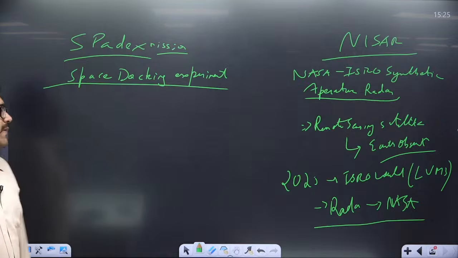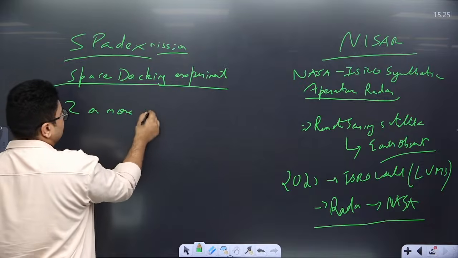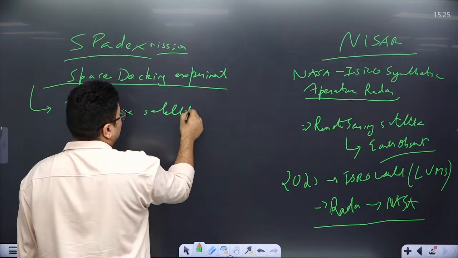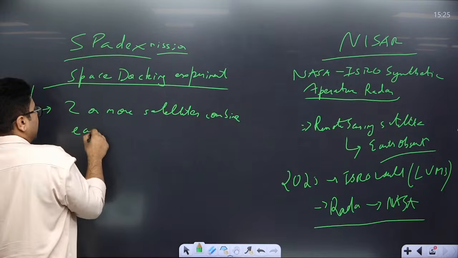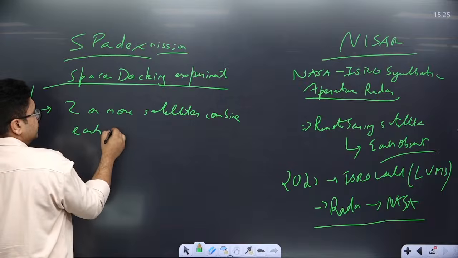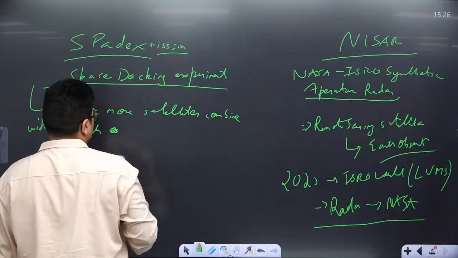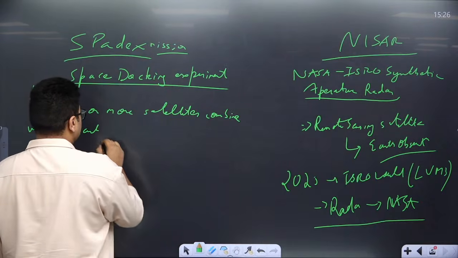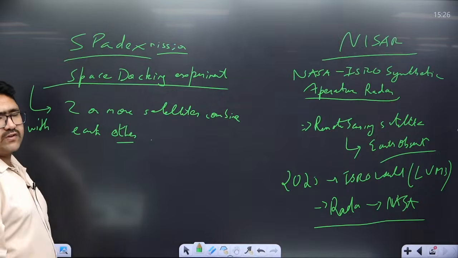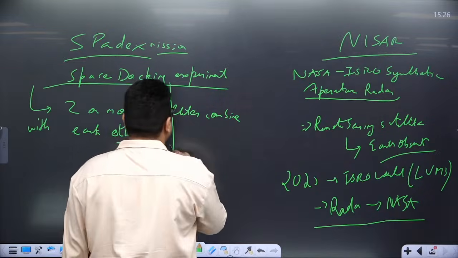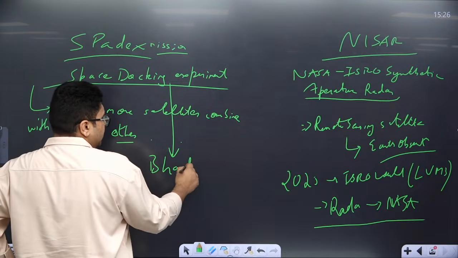In a space docking experiment, what happens is that in space, two or more satellites combine with each other. This SpaDeX is going to help in building the Bharatiya Antariksh Station.